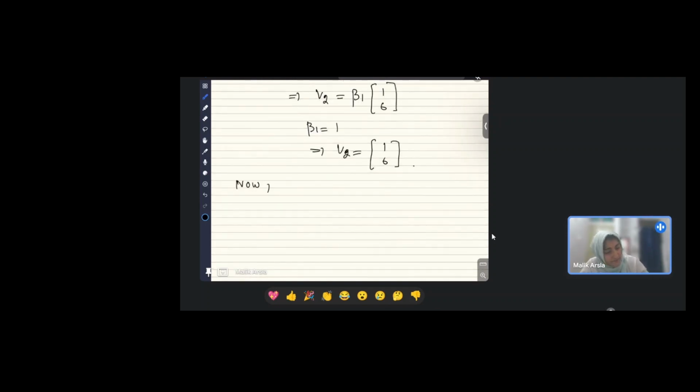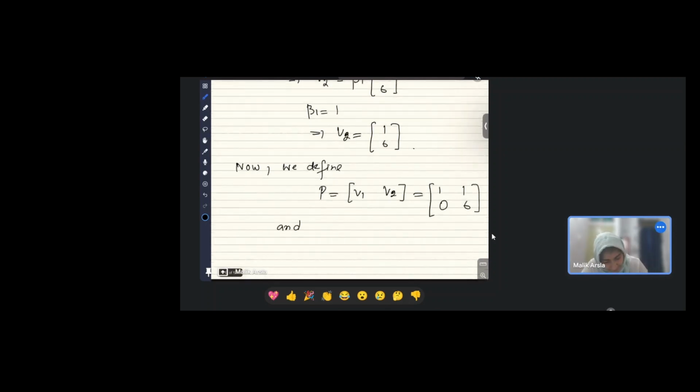Now by the definition of the modal matrix, P is nothing but the eigenvectors of the matrix A written column-wise, which gives me [1, 1; 0, 6].